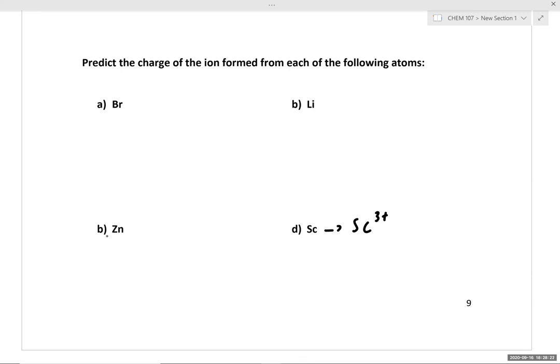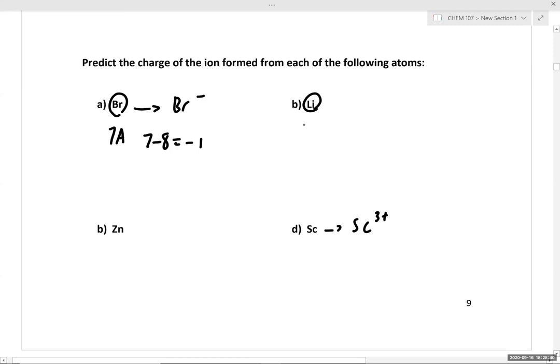Okay, so bromine is a 7A element. It's a non-metal. So 7 minus 8 gives us -1. And bromine prefers to adopt a -1 charge. Lithium is a 1A element. So it prefers to form lithium plus.